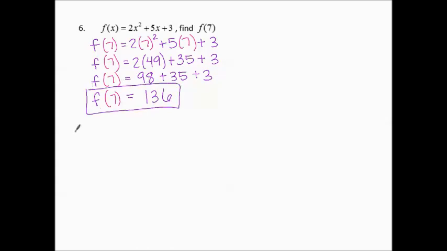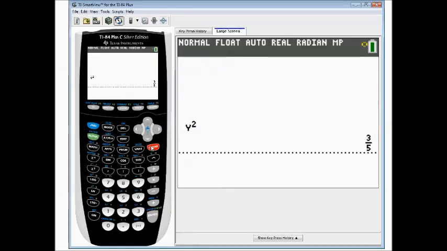So again, let's try that on our calculator. So here we're just going to take 7 and store as x. That's what we're evaluating for. If it says f of 7, that's going to be what we're storing in. And then I'm just going to go ahead and type that in. We've already talked about all of those symbols. So clear out, 7 store as x.